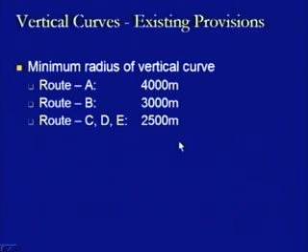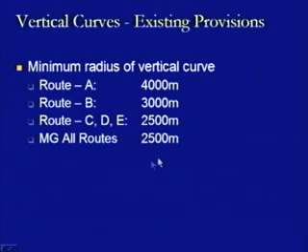Then for routes C, D and E, it is defined as 2500 meters. So, these are the values of the minimum radius of the vertical curve for different routes of the broad gauge. In the case of the meter gauge, for all types of routes, that is Q, R or S routes, it is defined as 2500 meters.